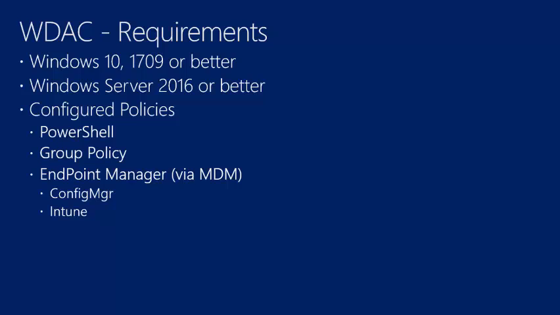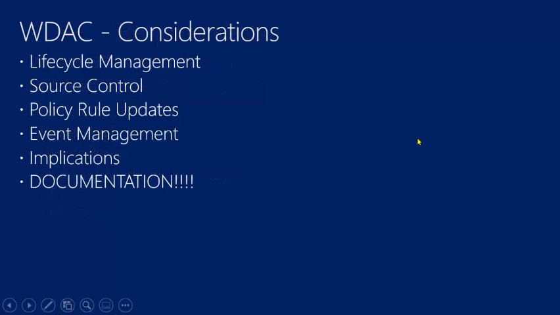That's an external tool you can use to configure policy. Whichever mechanism you use, we need to get those policies configured in order for Windows Defender Application Control to be able to know what to do and to have rules that it will act upon. Okay, and so some considerations as we're working our way to the demo.